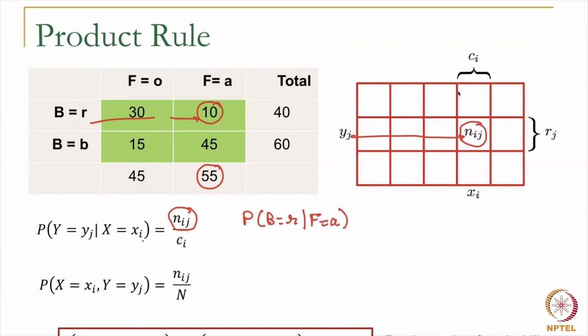Now, how do we do this? We say, okay, the basket is red and the fruit is an apple in 10 cases. But I already know the fruit is an apple. How many such cases are there? Only 55 cases out of the total trials. Out of 55 trials, in 10 of those cases I would have ended up with a red basket, and in 45 of those cases I would have landed up with a blue basket.